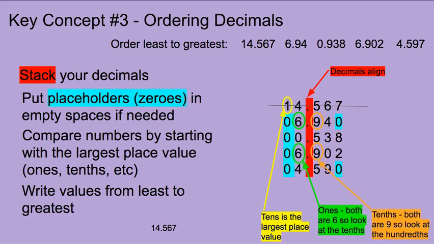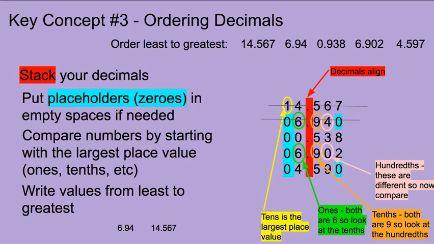And the tenths, they're both 9. So I'm now going to look at the hundredths. And these are different, so now I can compare. So I know that 4 is larger than 0. So 6 and 94 hundredths is my second largest number. So then I can cross it out because I've used it.